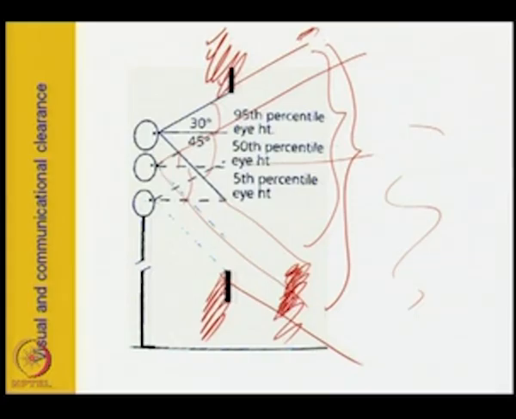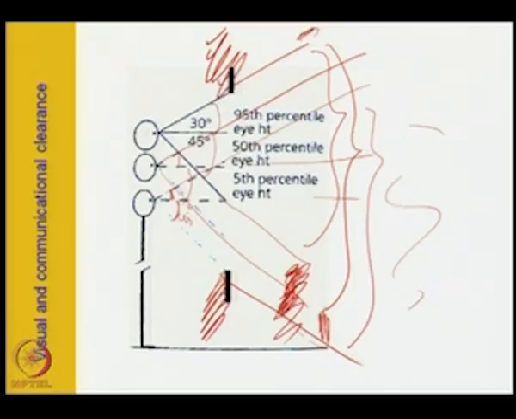If a lower height person comes, suppose a 5th percentile eye height person, for him also this is the 30 degree upper vision, so it reaches here, and below is the 45 degree, his lower vision. Then he also cannot see this much space because it is being covered here. So, for him this upper one and this one would be better.